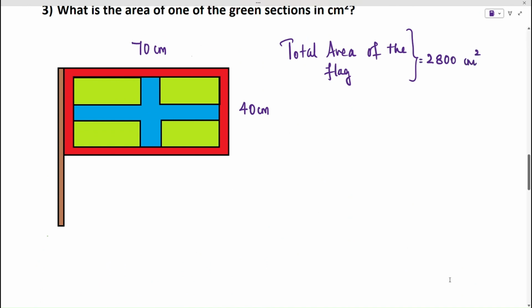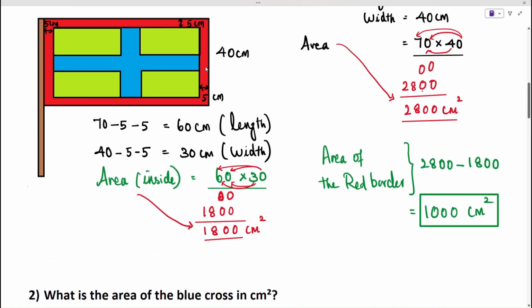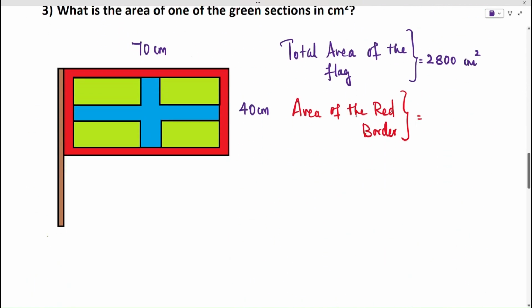Now we find the area of our red border from our previous questions. And if we look back, we can see that the area of our red border is 1000 centimeters squared.